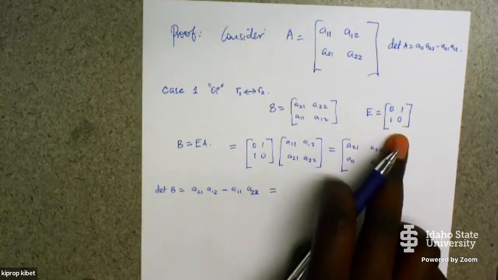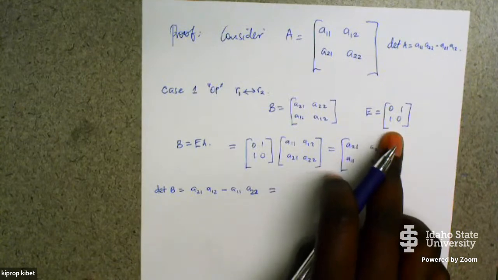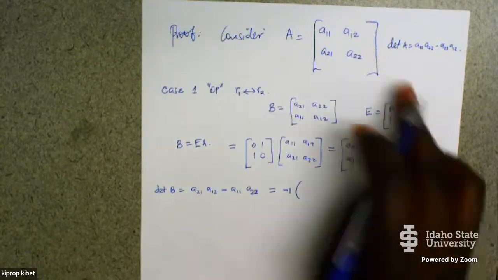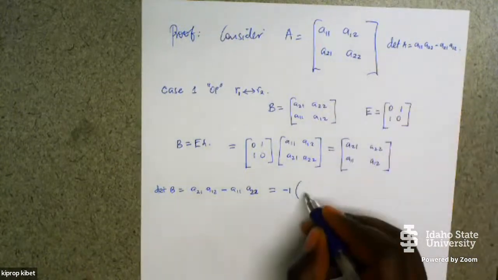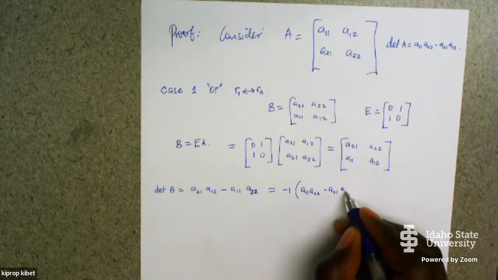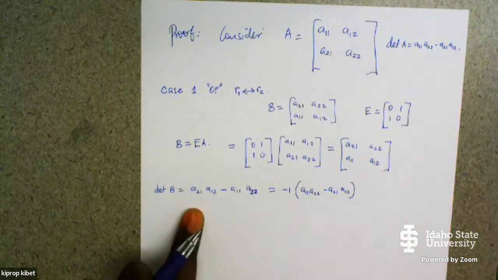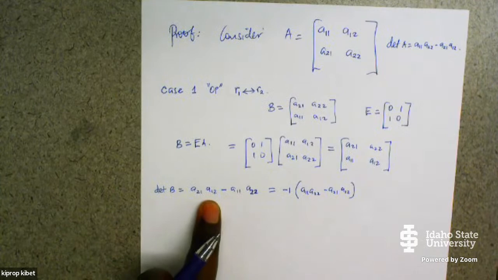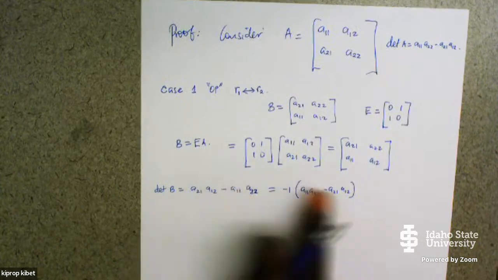Now, what is the determinant of E in this case? It is negative 1, right? So negative 1, and then the determinant of A is A11 A22 minus A21 A12. Basically, they are equal, because when you open these brackets, it is equal to this. So they are equal.